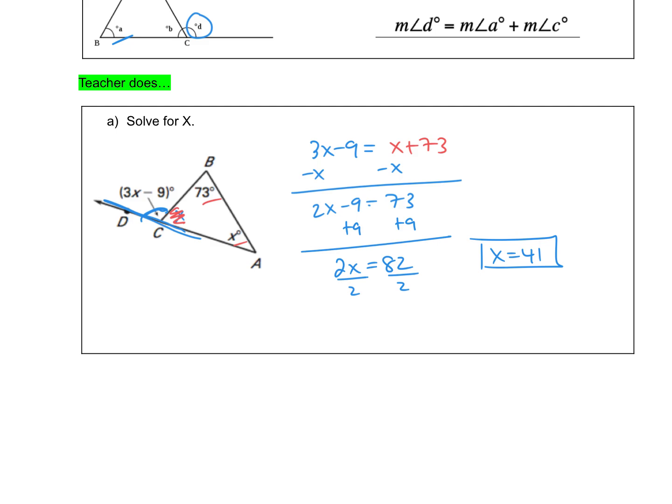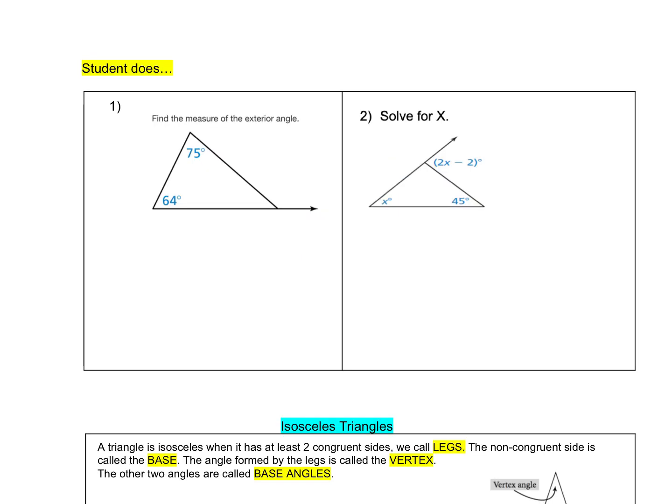And that's the whole idea. On the next page, I would like you to do these two at the top, please. Good luck.